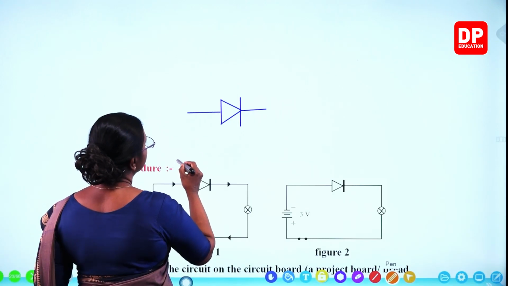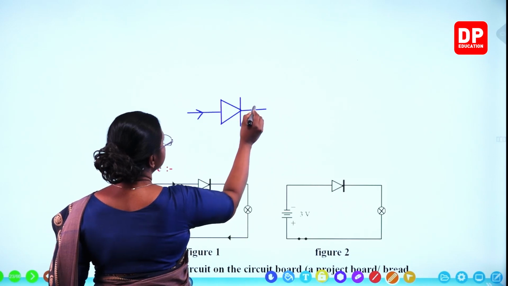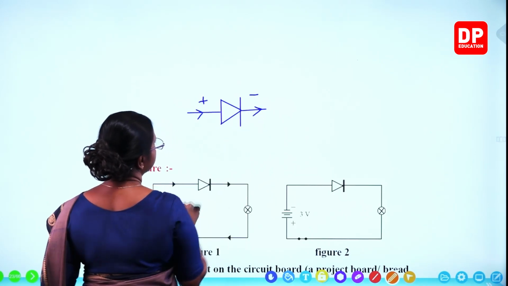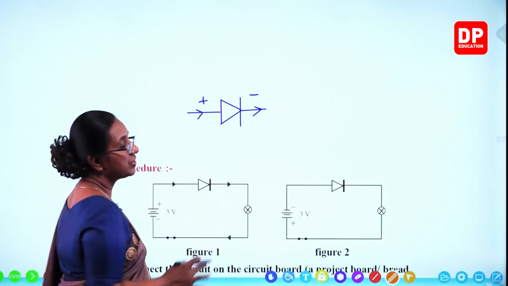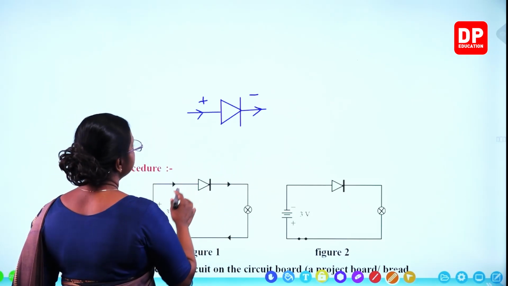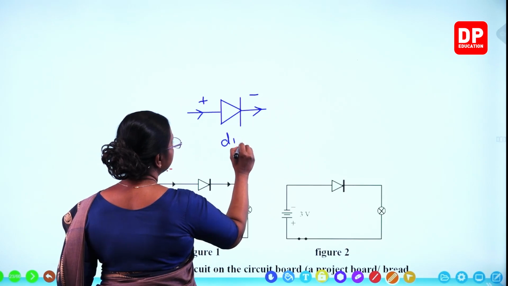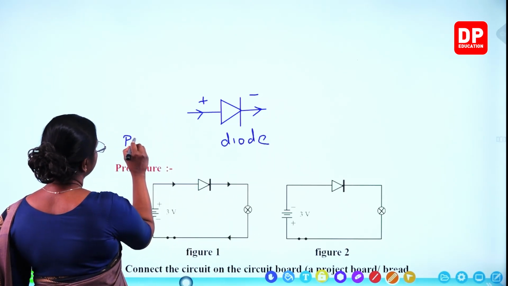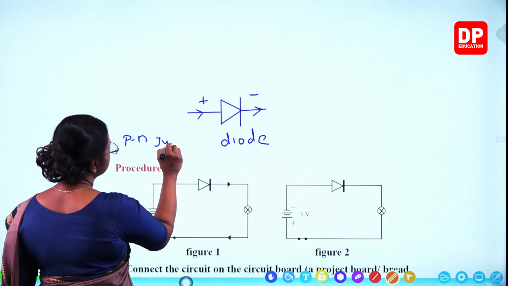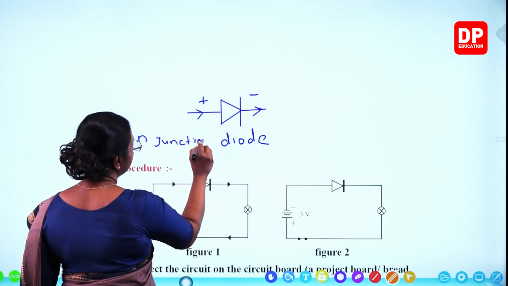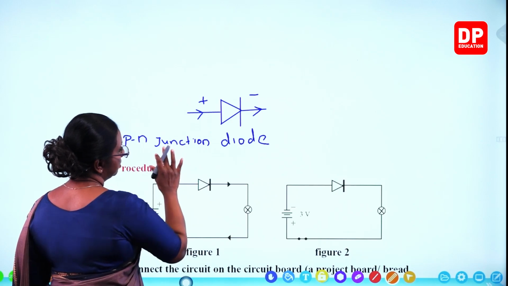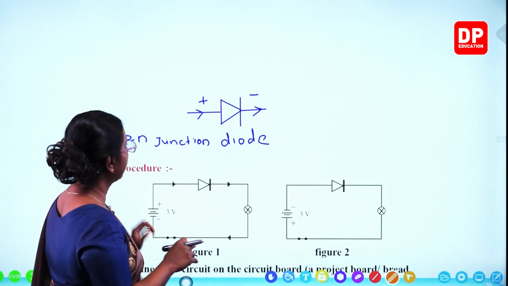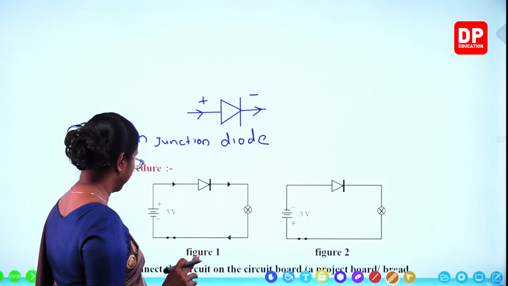From here, the current flows in this direction. This side is positive, this side is negative. Current flows in that direction. This is the symbol for the diode. That is a PN junction diode. As an example of a PN junction, we are using that, and this is the circuit symbol.